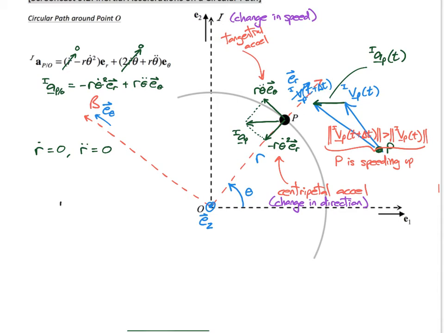We know that Newton's second law says that the sum of all the forces on particle P is equal to the mass of the particle times the acceleration of the particle as observed in the inertial reference frame. And as a quick reminder, when we're dealing with either velocities or accelerations, it's not necessary to put the point with which it's referenced, because it's assumed that it's referenced to any point that's fixed within an inertial reference frame.